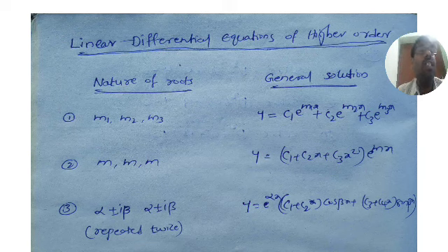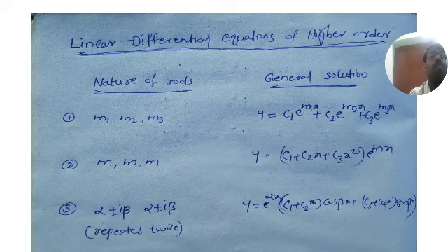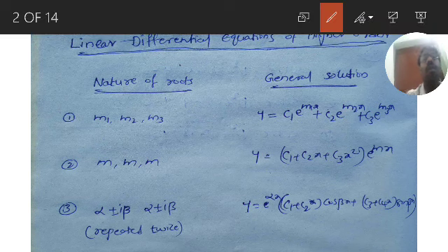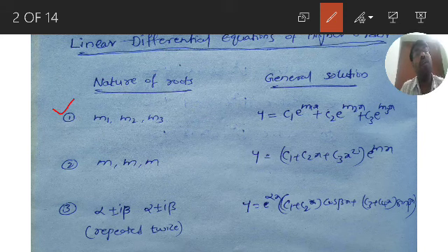Nature of roots and general solution. The first case: m1, m2, m3 are 3 real and different roots. For 2 real and different roots, we wrote c1 e to the power m1x plus c2 e to the power m2x.